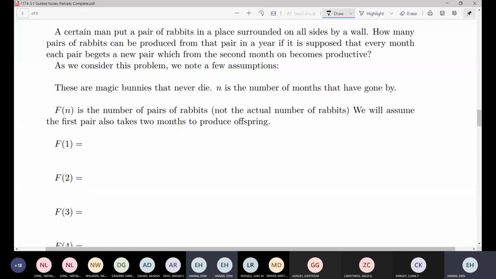So I am not an artist. So let's just take my little bunnies. It's my bunnies. So we have 1 pair of bunnies to begin. After the first month, there's still just the 2 bunnies. During the second month, it takes 2 months before they have babies, so it's still just that first original pair of bunnies.